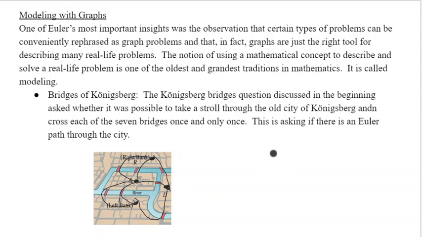So we can redraw this and make it a little bit prettier. This is R, this is A, this is L, and this is D. We have multiple edges here between R and A, multiple edges between A and L, and then each of these regions are connected to D. So this would be our graph representing the bridges in the city of Koningsberg.